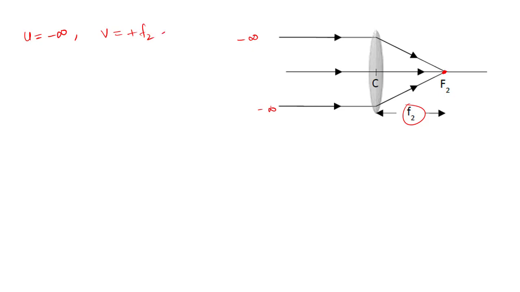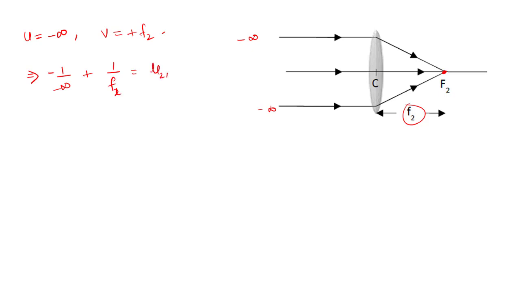Then 1 by u is 1 by minus infinity, which is 0. Plus 1 by v is 1 by f2.